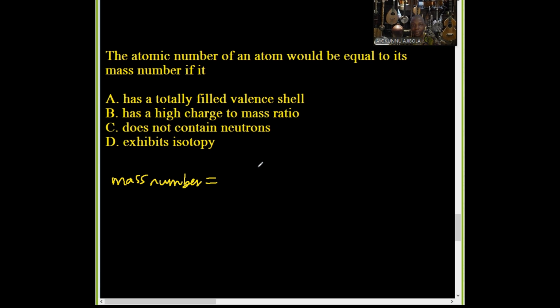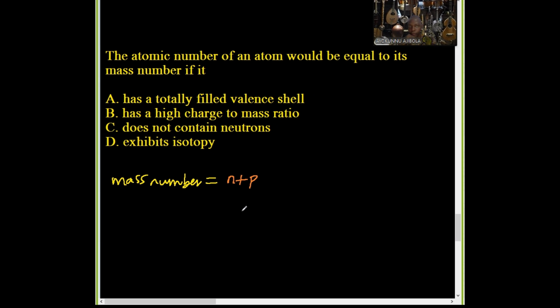Number of neutrons and nucleus of an atom. Say it again, please. Number of proton and electron. Proton and electron, right? Ah, Jesus. This is not proton and electron, but neutron and proton.